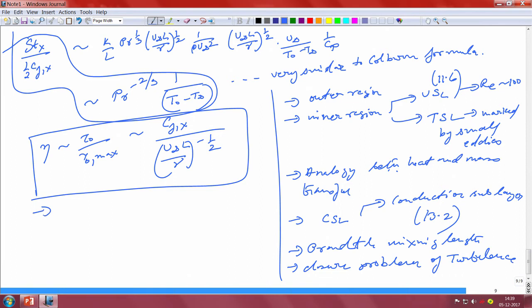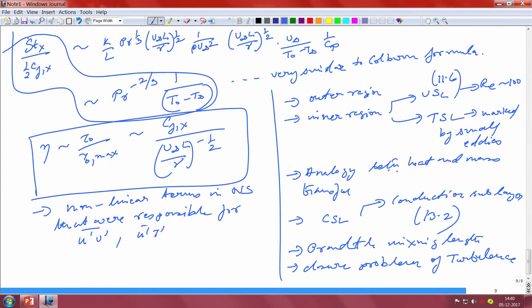We learned that it is the nonlinear terms in the Navier-Stokes equation that were responsible for u prime v prime and then u prime T prime, v prime T prime, etc. We saw that the boundary layer approximation is valid.